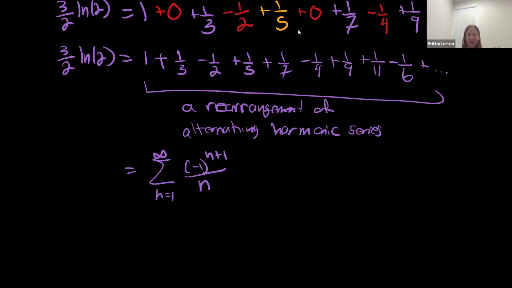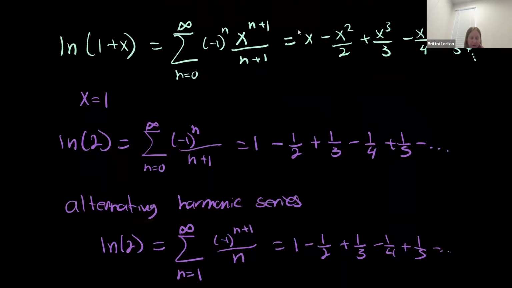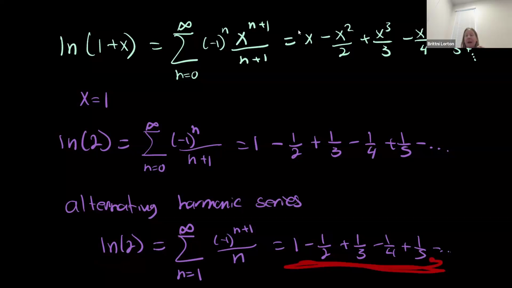So we have this interesting phenomenon, which is we started off with figuring out a value for the alternating harmonic series. We figured out that the alternating harmonic series converges to ln of 2, which is a real number, like 0.7 or something. It doesn't matter. ln of 2 is what I got for the value of those infinitely many terms, but that was the value when I added them in this order.